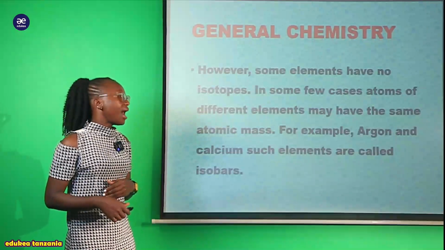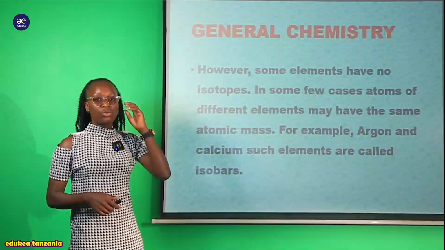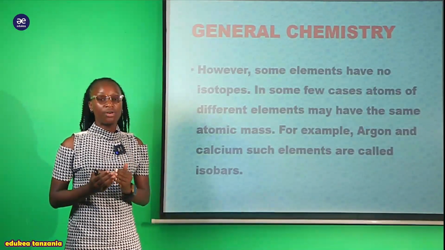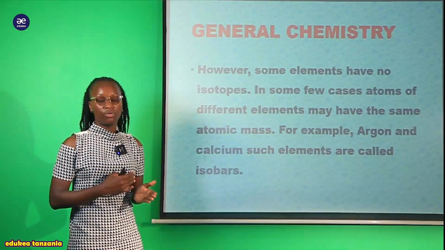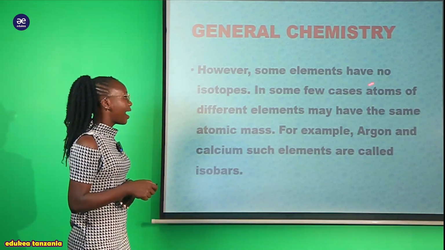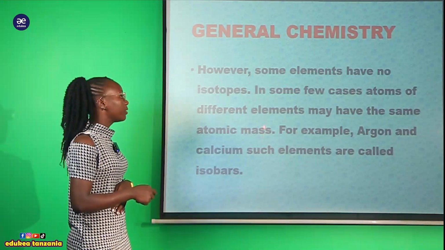So you can see that however some elements have no isotope. Now when we come to this issue of isotopes, you will see that some elements of course don't have this kind of isotope, but in some few cases atoms of different elements may have the same atomic mass.